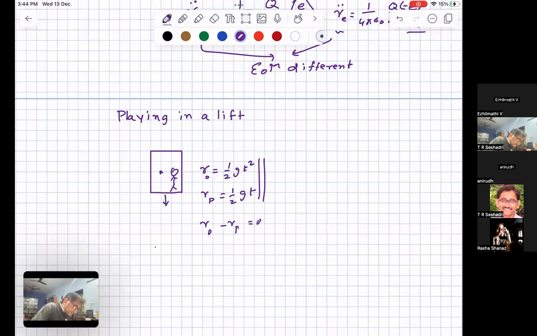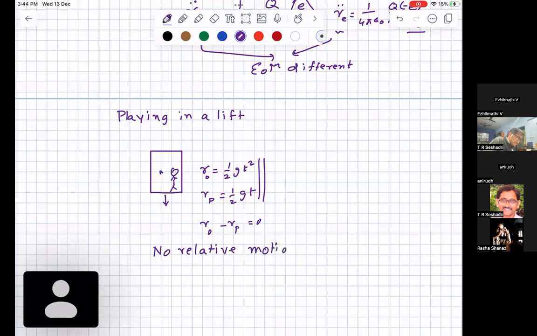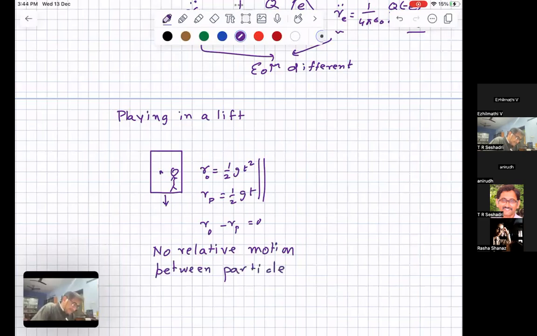So, no relative motion between particle and observer in gravity.